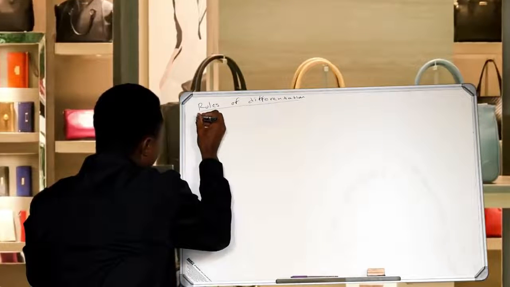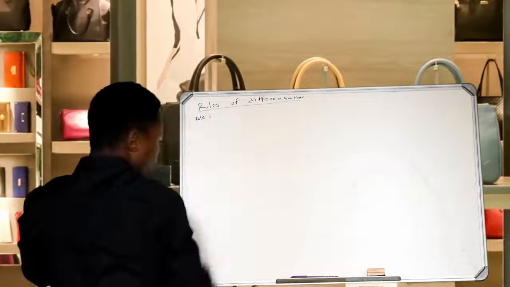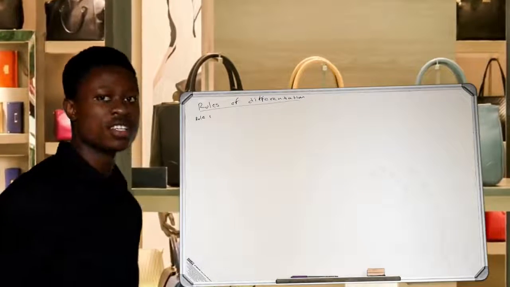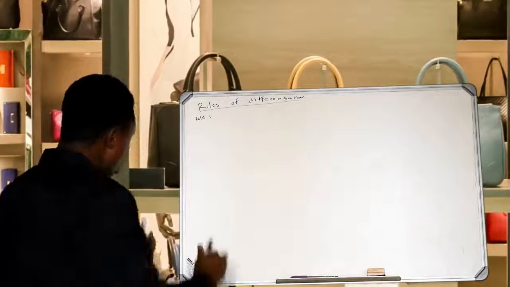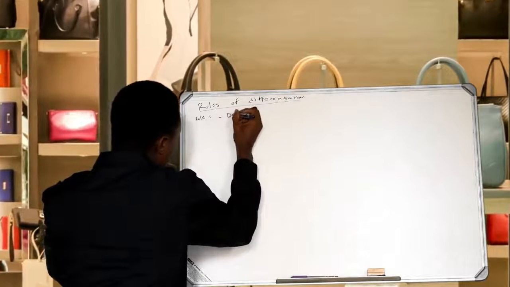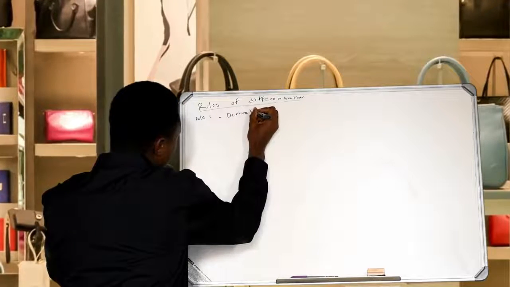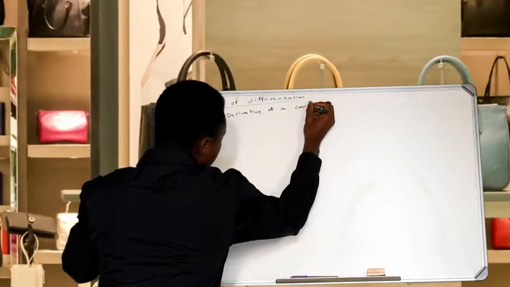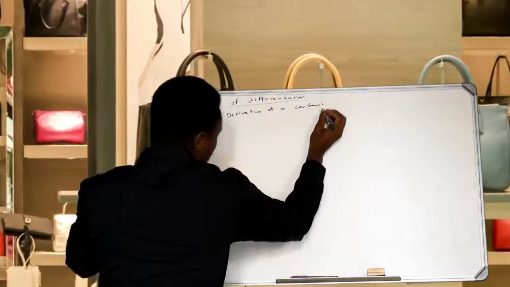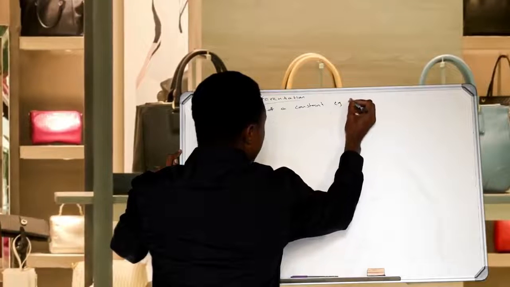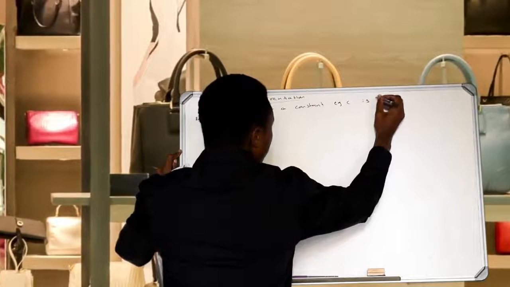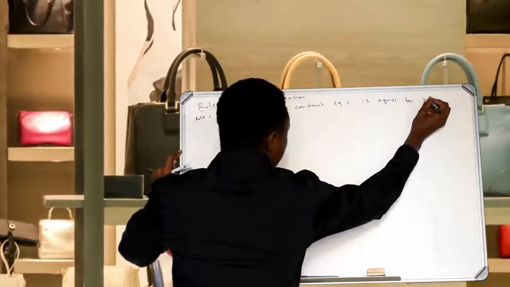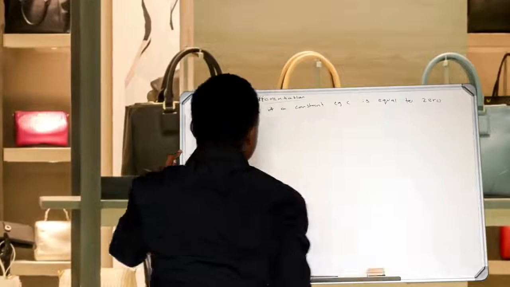Rule 1 states that the derivative of a constant is equal to 0. So the derivative of a constant, for example c, is equal to 0.